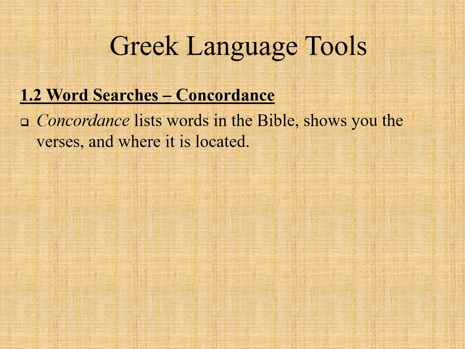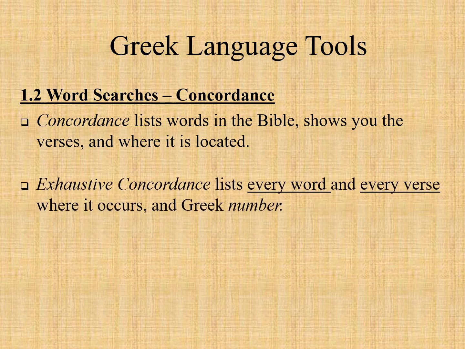And it shows where each word is being used and where it is located in each one of the verses. An exhaustive concordance lists every word and every verse where the word occurs, including the Greek number. So you will find even words such as and, to, and in listed in this particular exhaustive concordance.